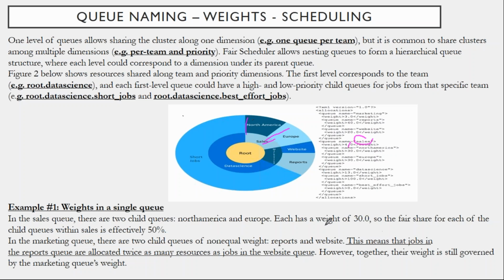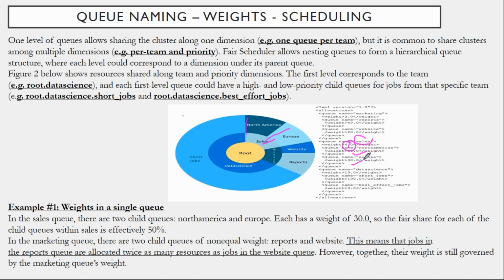Each has a weight of 30 because the total weight you have given is 4. You have 30 GB for North America and 30 GB for Europe. Sales is your parent share, and North America and Europe are your child shares.